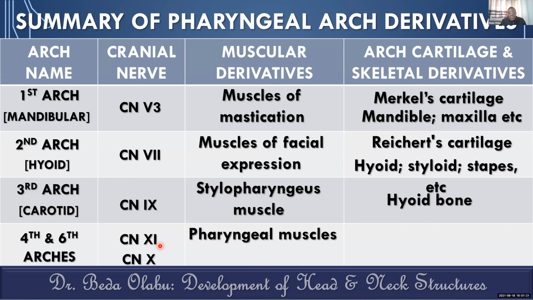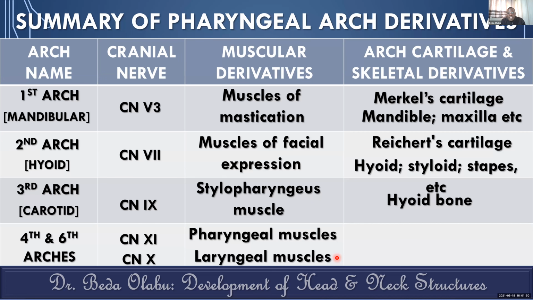Now, I've already alluded to the concept of innervation of the fourth and the sixth arch. The musculature which comes from the sixth pharyngeal arch are largely the muscles of the larynx. And in specific, we are talking about the intrinsic laryngeal musculature.